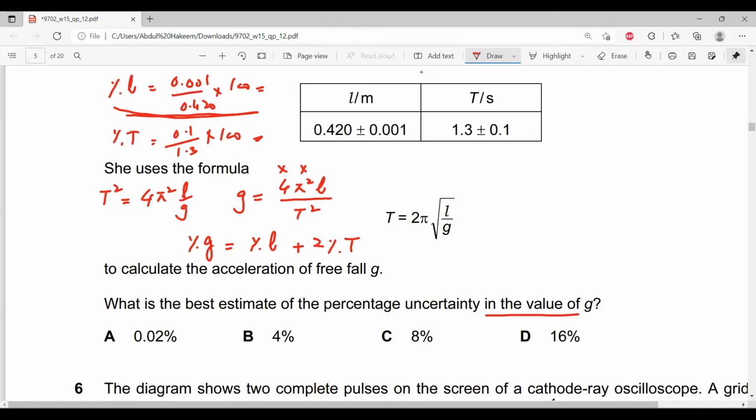Use a calculator. After calculation and putting the values over here, my answer comes to 16. So D is the option.